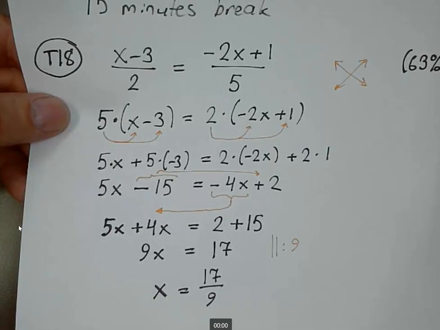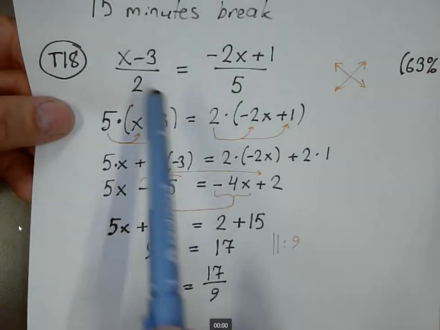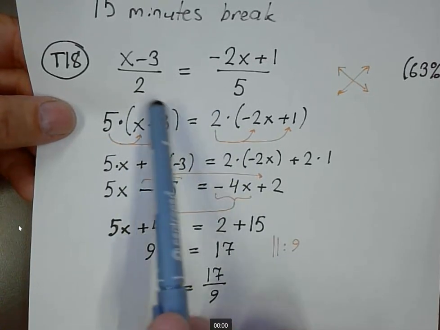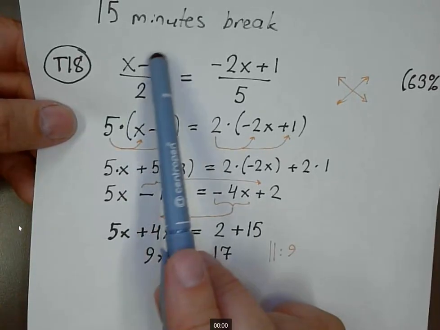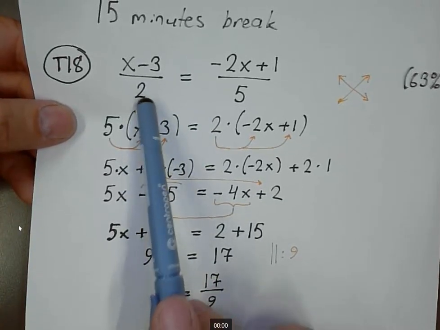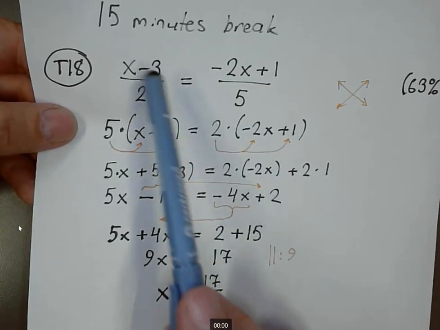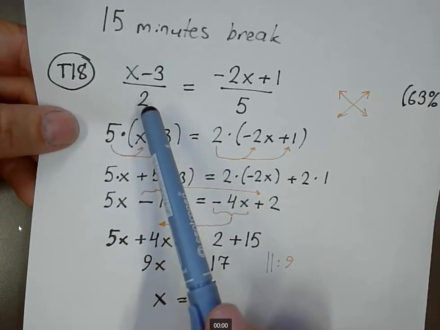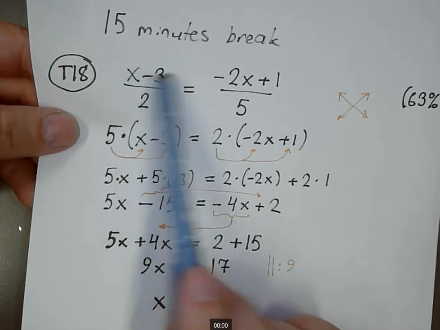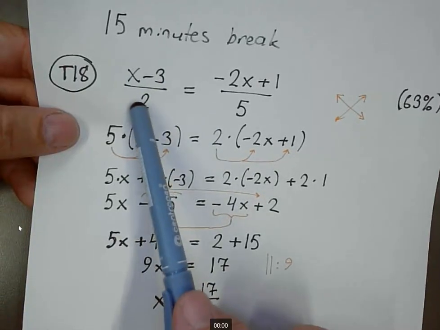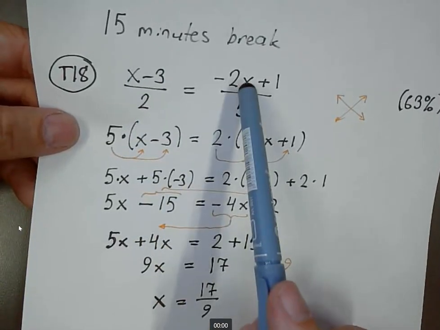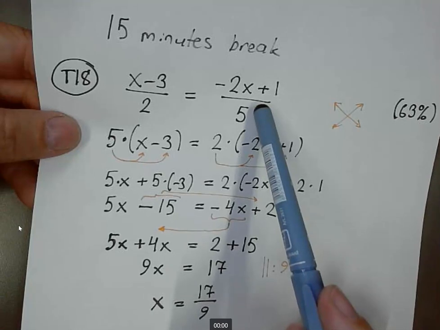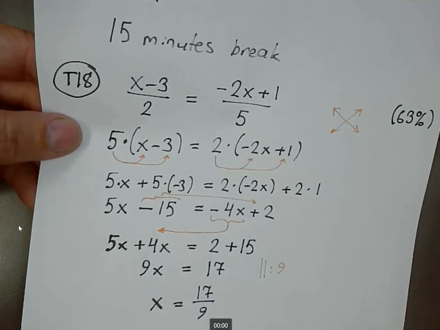Here you had another way to solve when you had simple numbers in the bottom of these sides, 2 and 5. You could multiply this left part by 5 and this by 5, and here you multiply with 2.